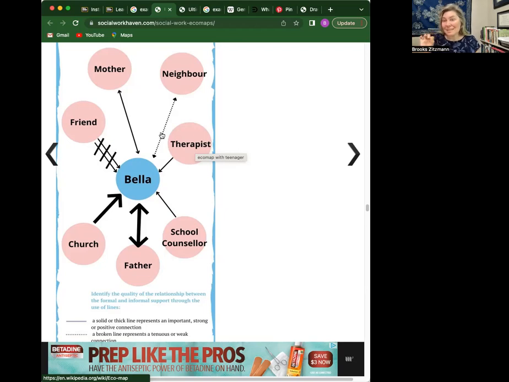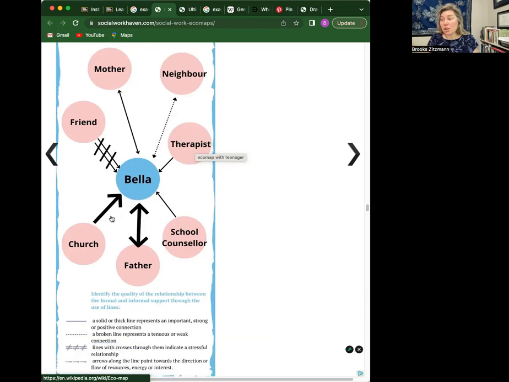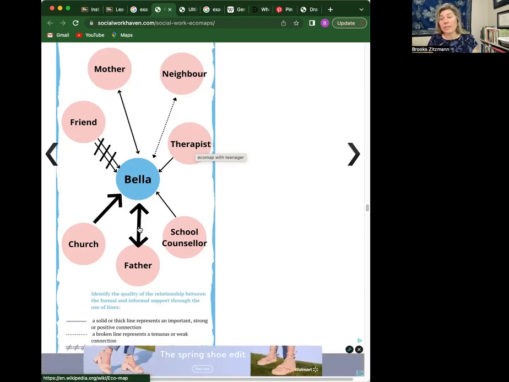The quality of the line tells me something about the quality of the relationship. So what I would see here that's most obvious is that church and father are these very thick and solid lines. So a solid line means a positive relationship, and the thickness means that it's a strong and positive relationship, okay?